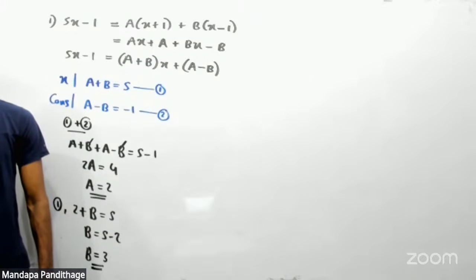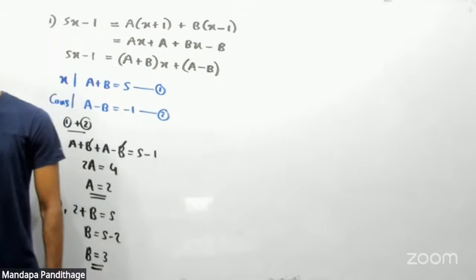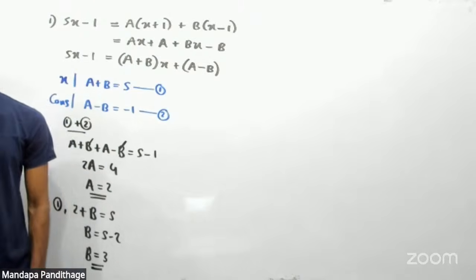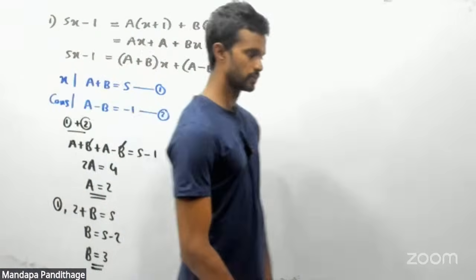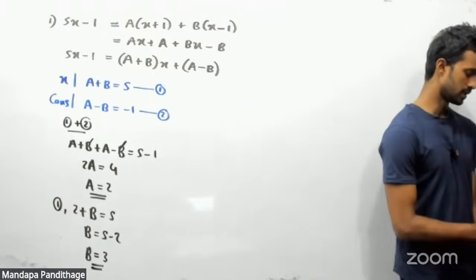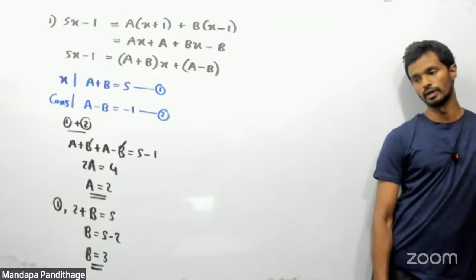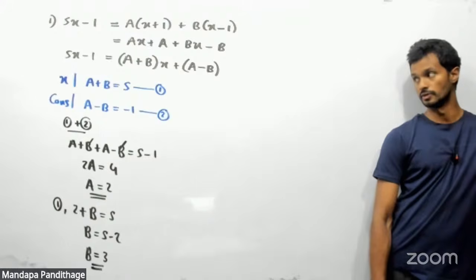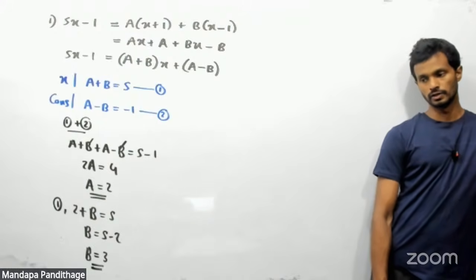When we have to find unknown terms such that two polynomials are equal, we can use two methods.